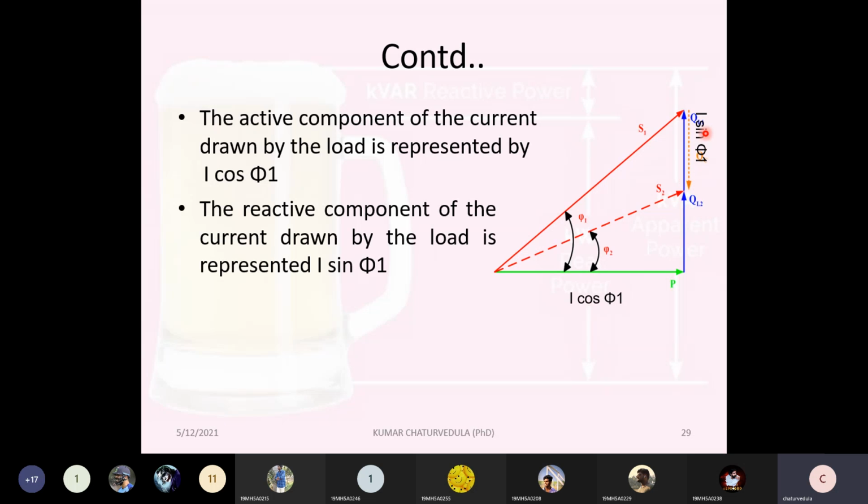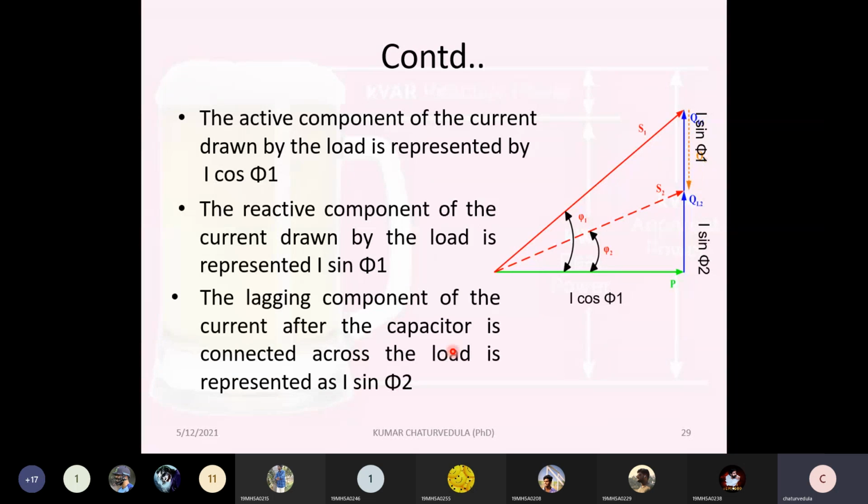Finally, I sin phi 2 is the current after the placement of the capacitor across the load. Initially this was the lagging current, and now this current value is reduced to this one.